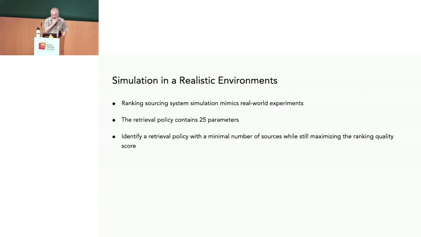So let me give you an example of a simulation that mimics a realistic environment used in recommender systems. We have this notion of sources, these things that are producing different kinds of recommendations. Recommendations based off of the people that you follow, based off of your friends, based off of your inferred interests. There are all kinds of ways of generating recommendations, and we call each of these a source.